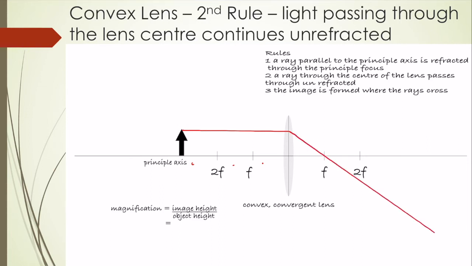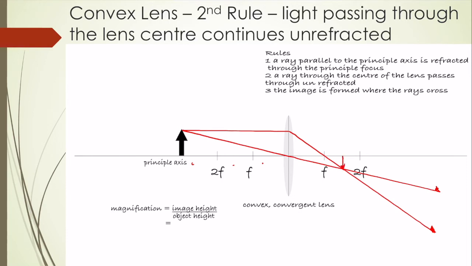And the one going through the centre of the lens goes straight on. And we'll notice that again the real rays cross. So if a real ray crosses, we have a real image, an image that can be focused onto a screen.